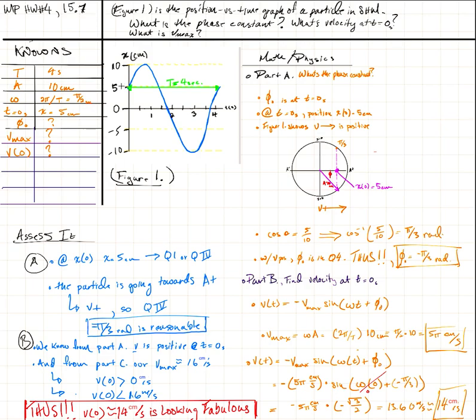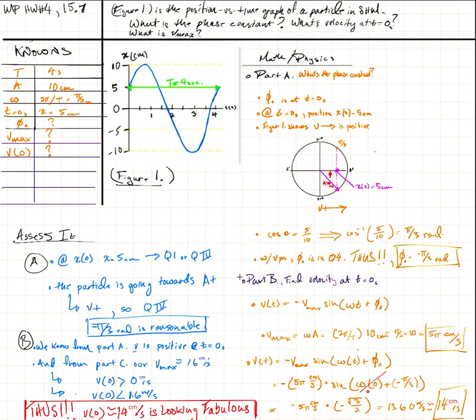Looking to the unit circle at x equals 5 centimeters, we know because our slope on our figure 1 is positive that our velocity is positive and the angle we need should be in the 4th quadrant. SOHCAHTOA, inverse cosine, and our phase constant is negative pi over 3 radians.